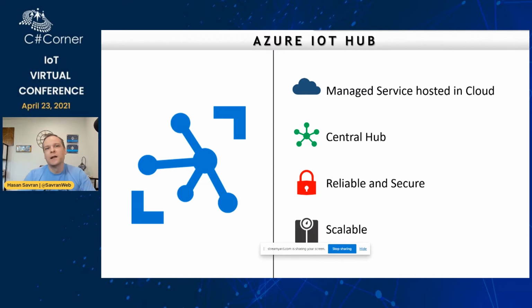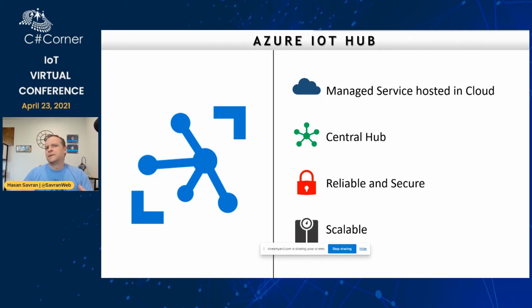That gives you a safe and secure platform. It's reliable, it's a cloud, it's scalable. So if today you have 1,000 devices and next year you're going to have 10,000, you can easily change your plan. Azure IoT Hub will be happy to have your 10,000 IoT devices next year, or it can go the other way too.